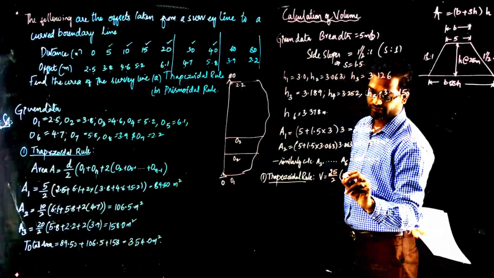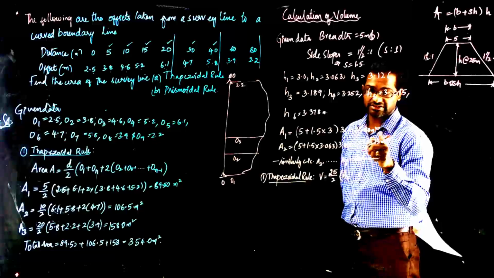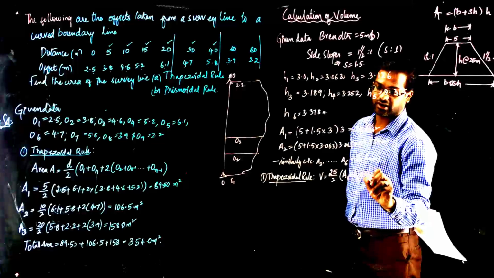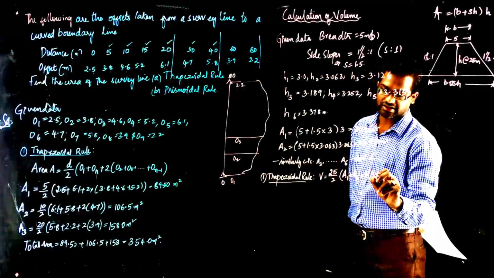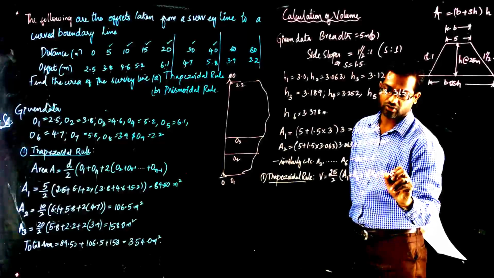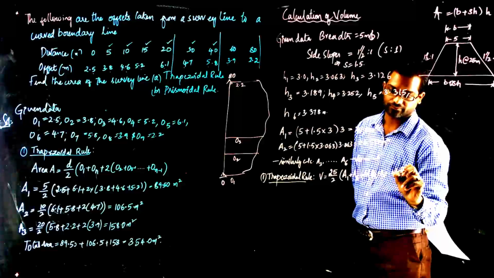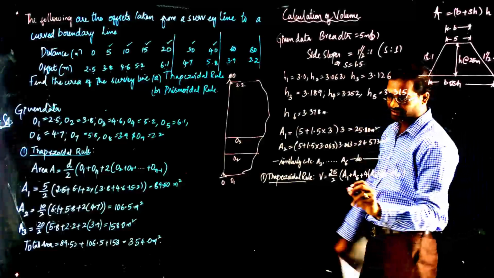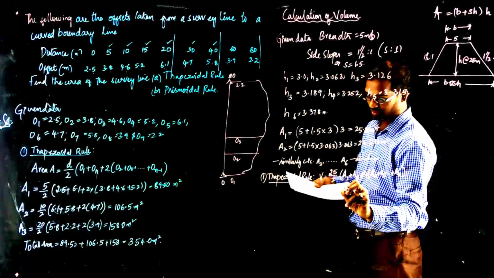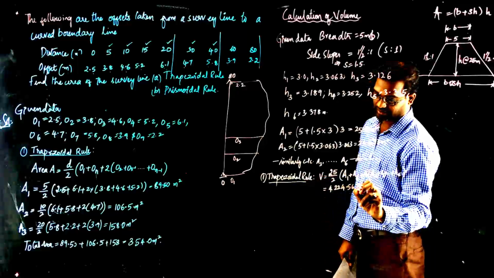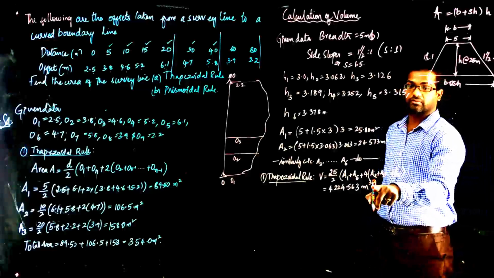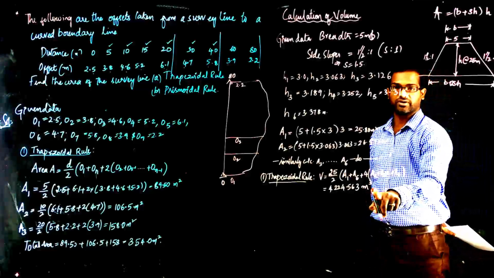Then we take the first ordinate, now we should call it first area, next we take the last area plus 4 times the remaining areas, that is A2 plus A3 and so on up to A5. If you calculate using the trapezoidal rule, you will get 4224.563 meter cube. Now please verify this value from your side.